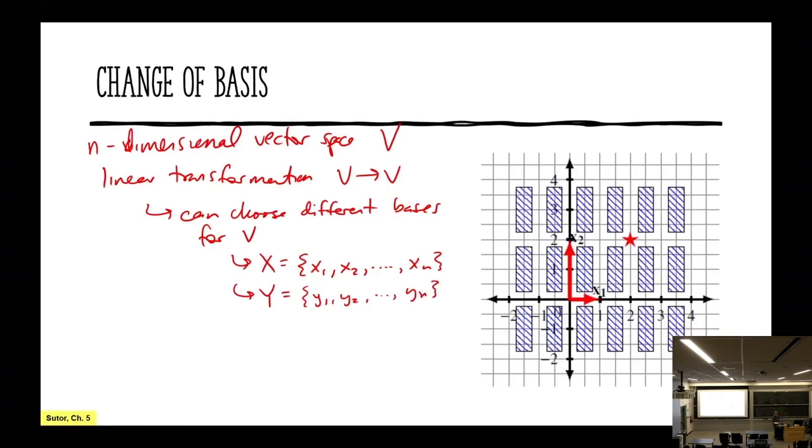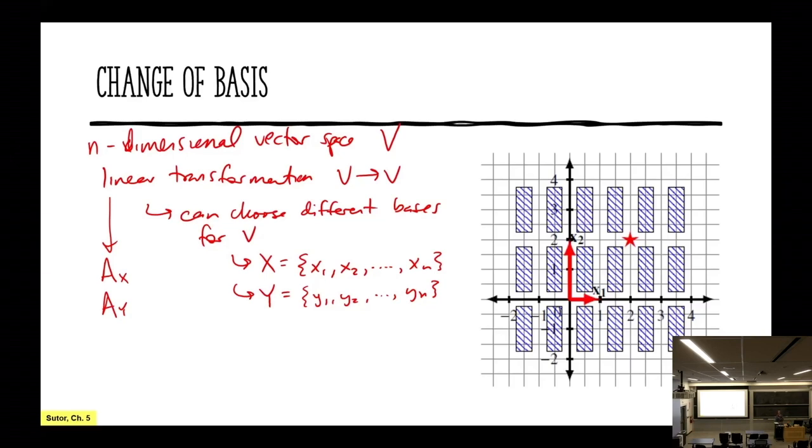With respect to x, the linear transformation has matrix AX, and with respect to y, the linear transformation has matrix AY. But they both do the same thing. They both implement the same linear transformation.